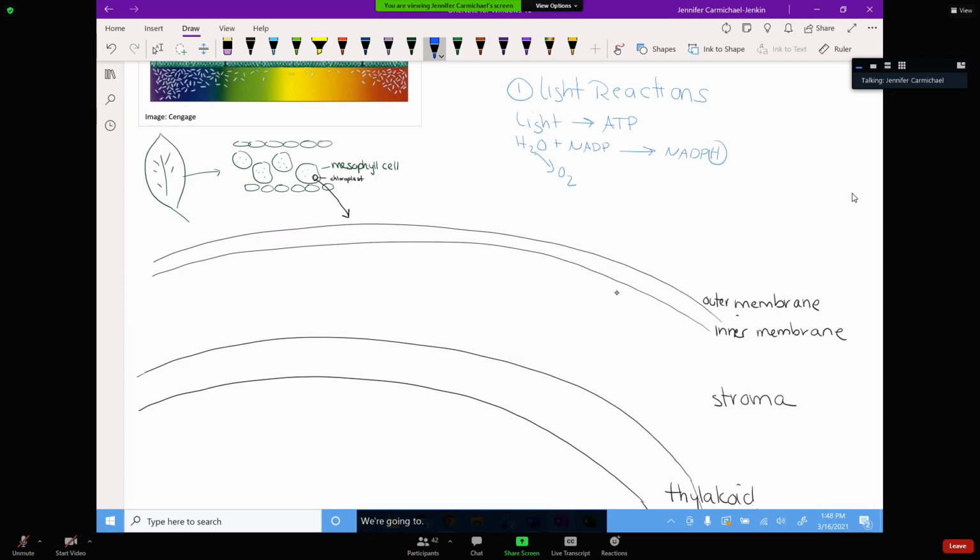We're going to take those hydrogens from water, just like we took the hydrogens from food, and put them on an electron carrier. In this case, it's NADP. NADP, FADH, NAD, who cares? They're all the same concept.